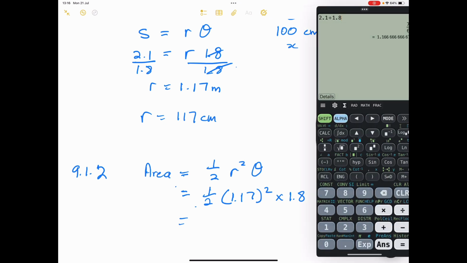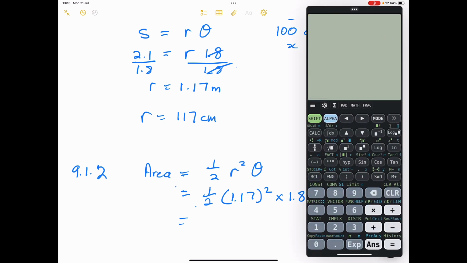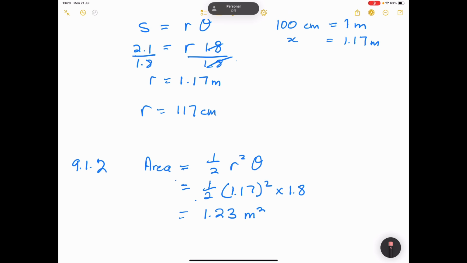So let's go for it. That's 1 over 2 multiplied by 1.17 squared, multiplied by 1.8. And I get a value of 1.23 meters squared as our final answer.